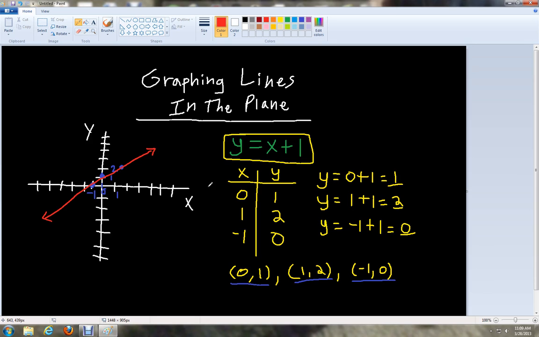Let's look at one more equation that we want to plot. Let's say we have y equals negative 2x.